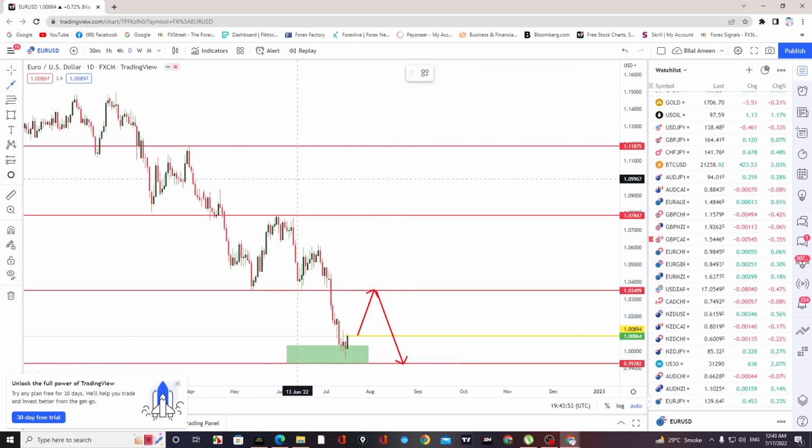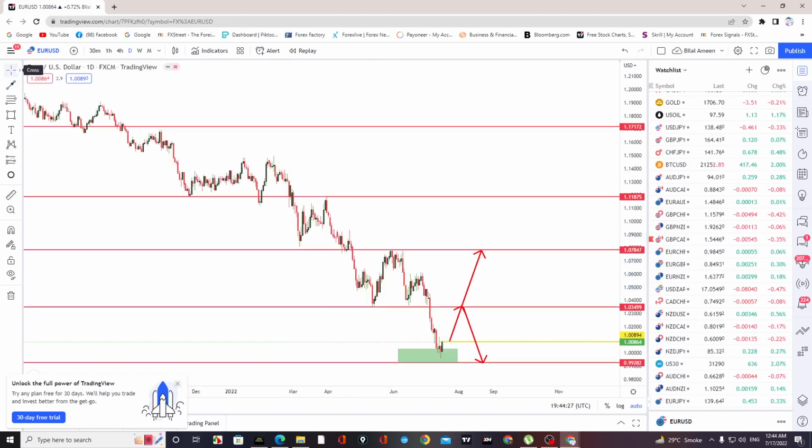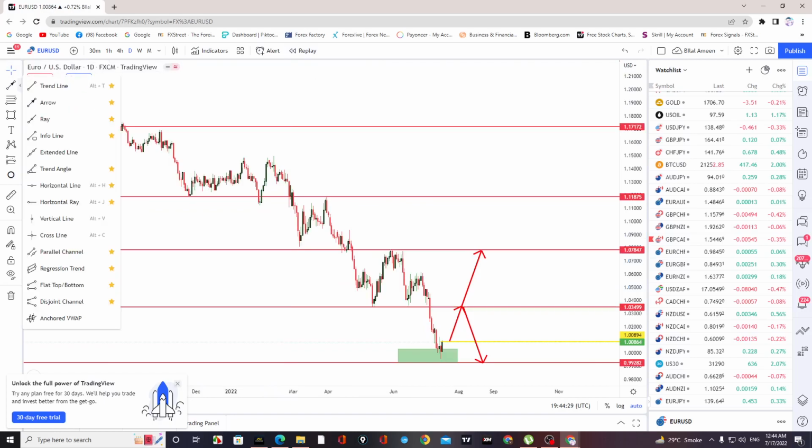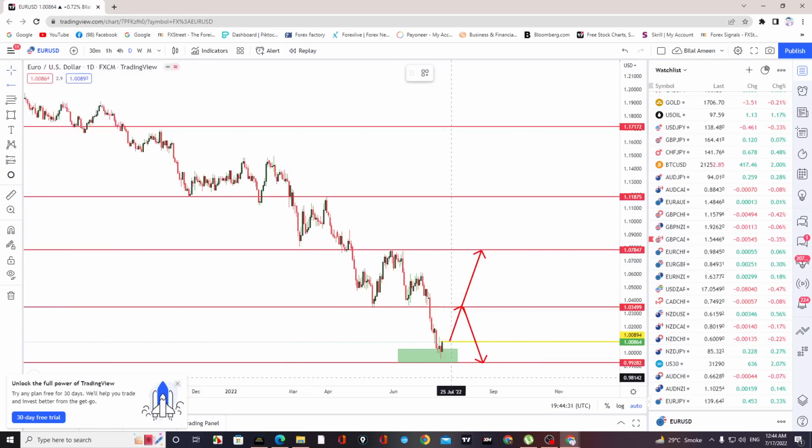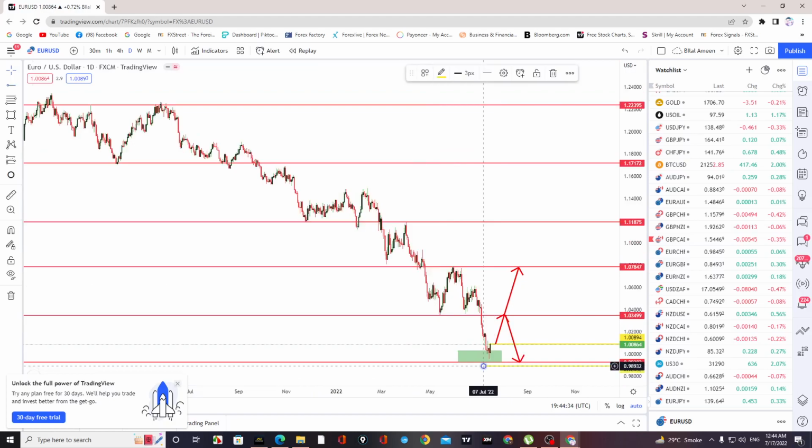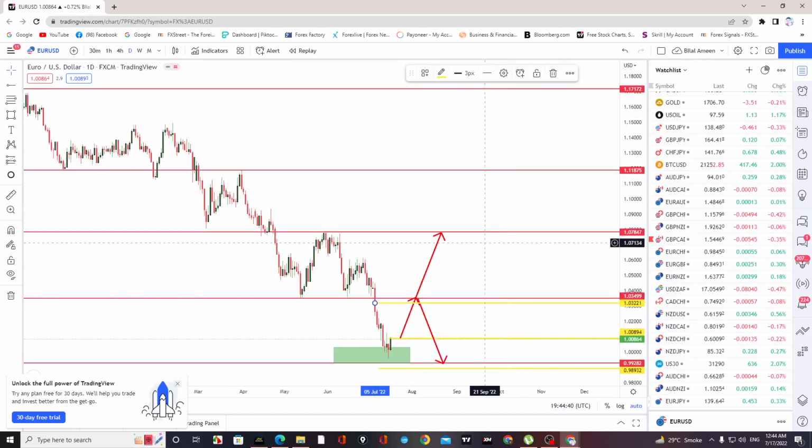And if market breaks the resistance, then we search for a buy opportunity in the market, and our target is the next resistance at this point, and we will place our SL at this level below the market, and we will place our TP at this level. In this way we will take trade through support and resistance. I hope you will understand support and resistance trading.